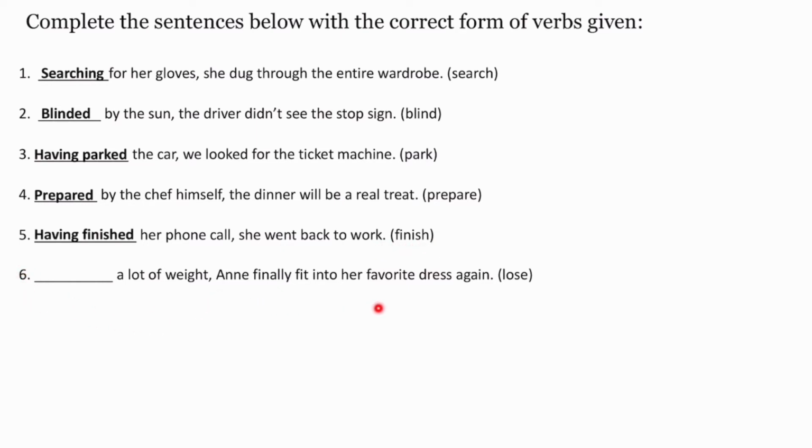Anne finally fit into her favorite dress again. Verb is lose. So here we have a cause. So why did Anne finally fit into her favorite dress again? Oh, because she lost a lot of weight. So we are going to be using in this sentence perfect participle, which will leave us with having lost a lot of weight, Anne finally fit into her favorite dress again.